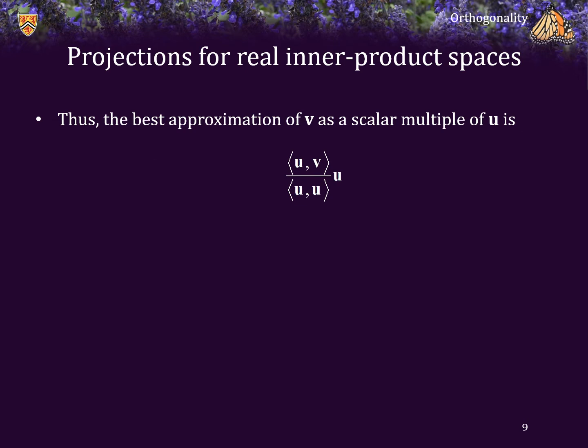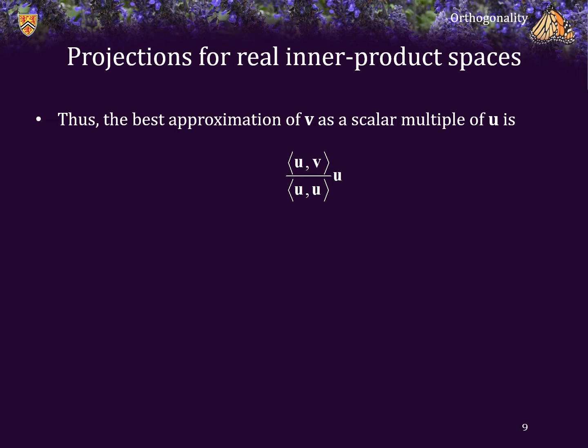Thus, the best approximation of v as a scalar multiple of u is given by this ratio of inner products times the vector u. Now, remember that an inner product returns a scalar, and the ratio of two scalars is just another scalar. So this is just a scalar multiple of u.